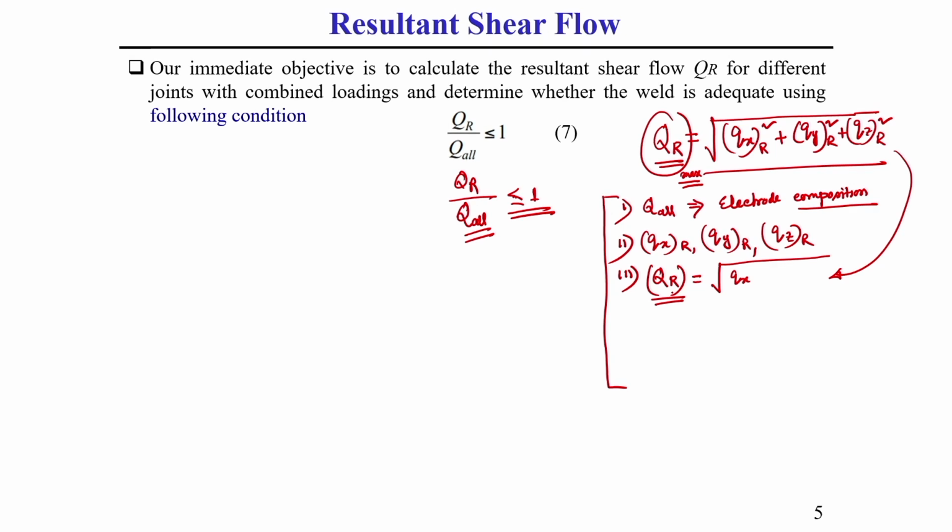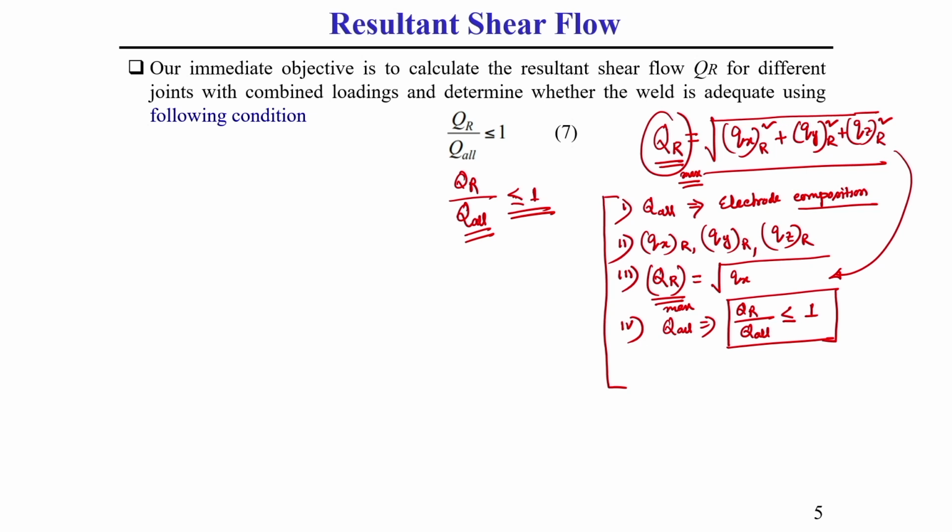So, you should choose the location where you get the maximum resultant shear flow. After that, you need to compare with the allowable shear stress. How? QR by Q allowable should always be less than or equal to 1 for a safe design. This you should keep in mind.